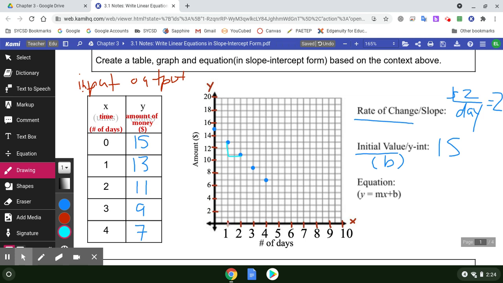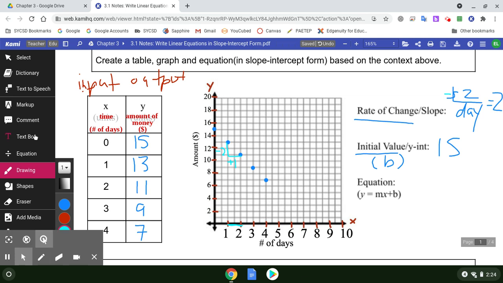But it's important to recognize that the scale of our x-axis is 2 squares for every 1 day. So even though this looks like it's 2 units, you're still only adding 1 day to the previous amount, whereas you're going down by $2. So actually, I need to change this rate of change to -2 since we are decreasing.